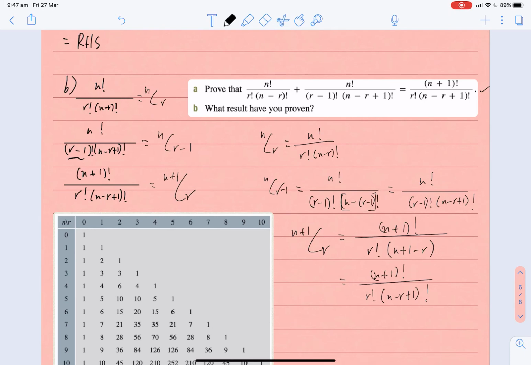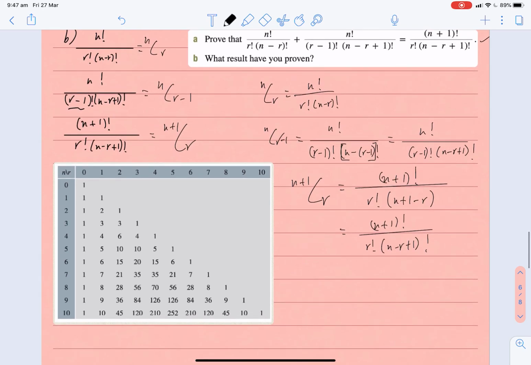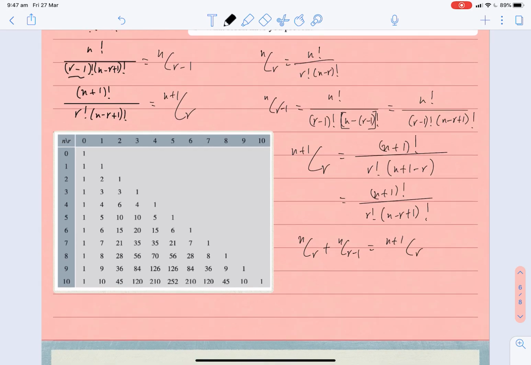It's probably hard to read, but what we did is we proved that n choose r plus n choose r minus 1 equals n plus 1 choose r.